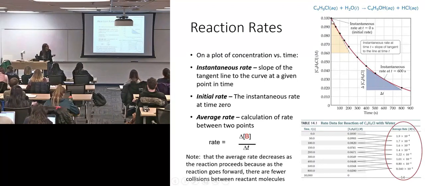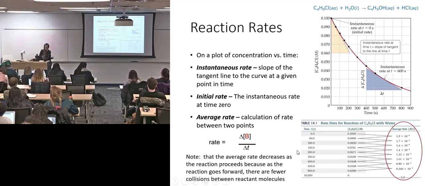In this case, we have water reacting with chlorobutane, I think, and we're making butanol and hydrochloric acid. And so again, instantaneous rate, initial rate, and average rate: for the average rate, you actually have to look at a difference between 2 time points.